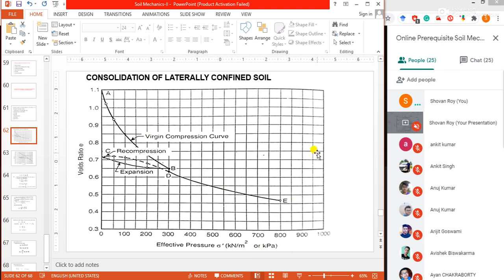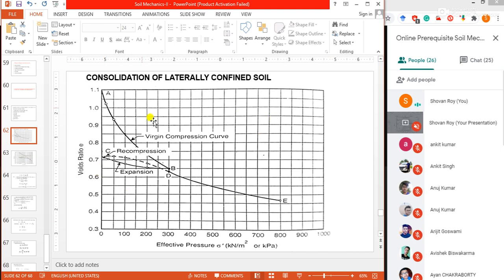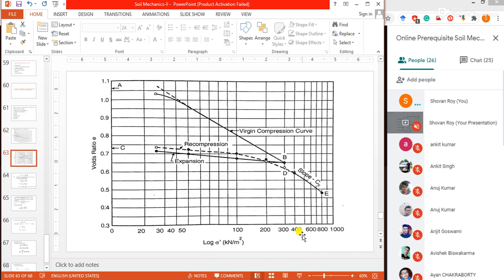If the pressure void ratio curve is plotted on a semi-logarithmic plot, you can see from this figure, this is our simple graph, and this is the log curve.